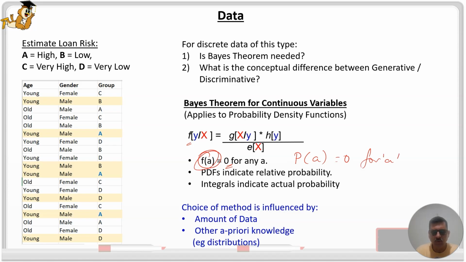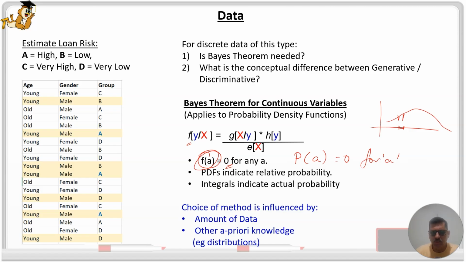If you're talking about continuous variables, the probability that a specific value of a occurs is 0. It's vanishingly small. What you can do is find the probability of the variable taking a value in an interval, and that would be the integral over the probability density function.